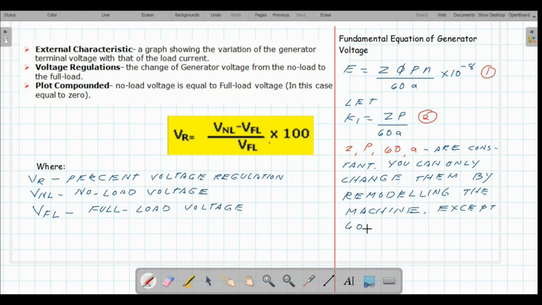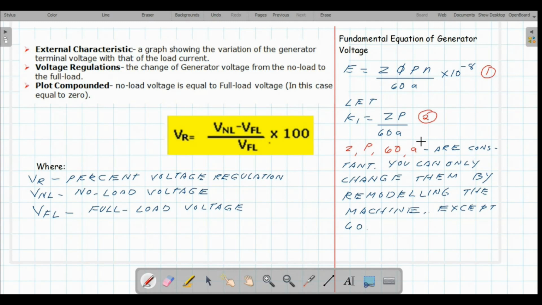Kaya constant yan: number of inductors, number of poles, conversion factor na 60, at number of parallel paths. You can only change them by remodeling the machine. Kinakailangan i-redesign mo uli yung machine at buuin mo uli sa manufacturer para mabago mo yan.